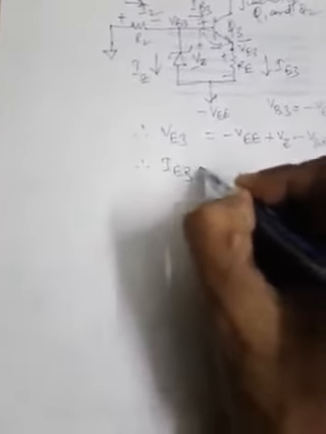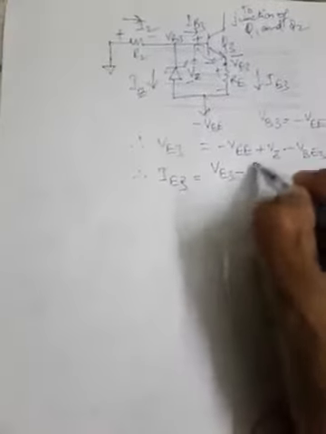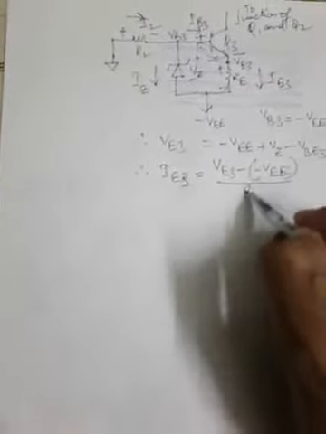So therefore the current IE3 can be calculated like this: VE3 minus of minus VEE, considering this path, divided by this resistance RE, that is IE3.